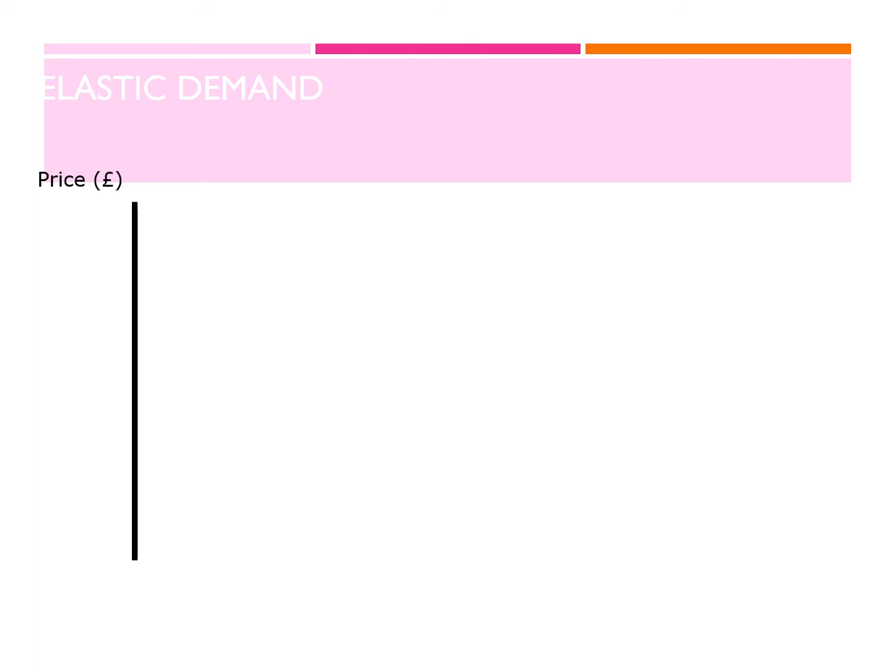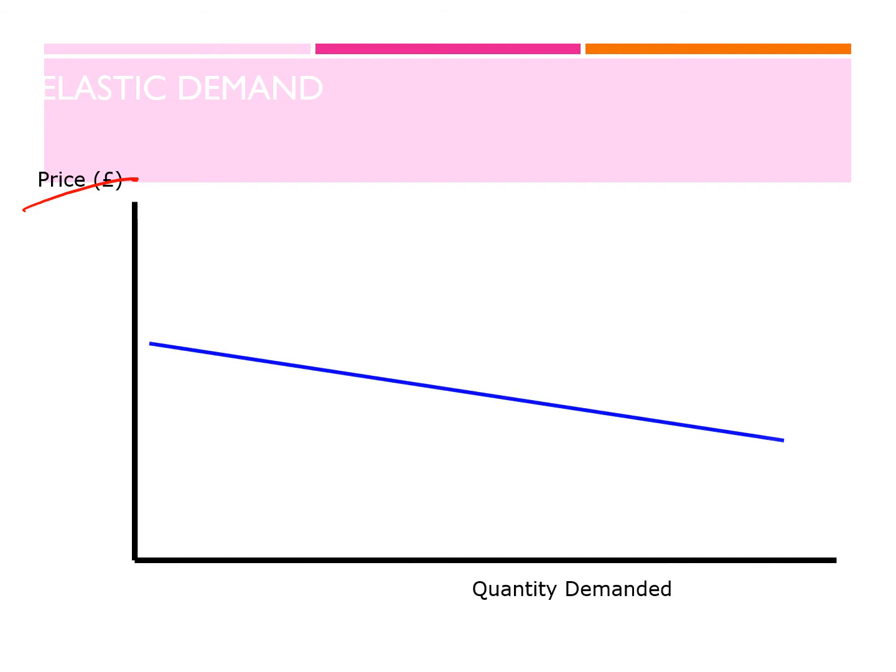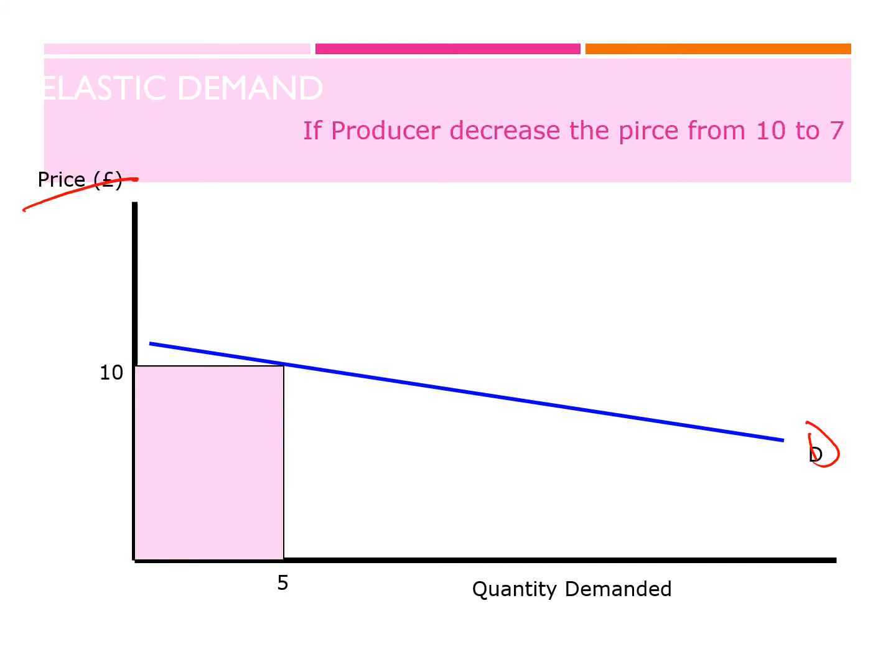Let us start with elastic demand. Always you will put the price on the y-axis, quantity demanded on the x-axis, and that would be my demand curve. So my initial price is P1, and that was Q1.